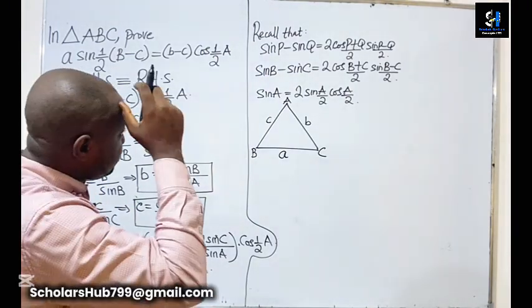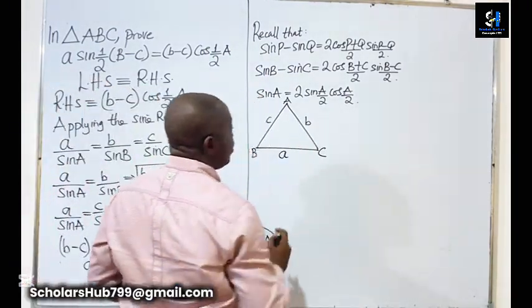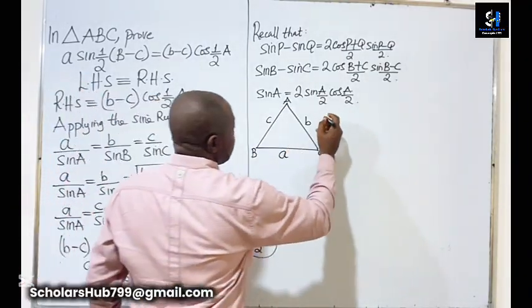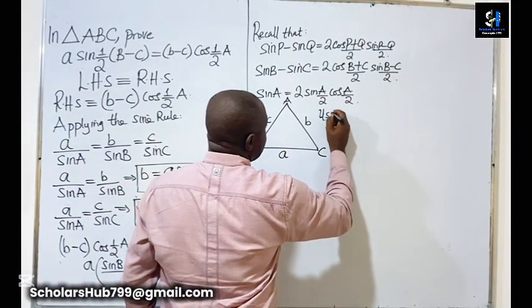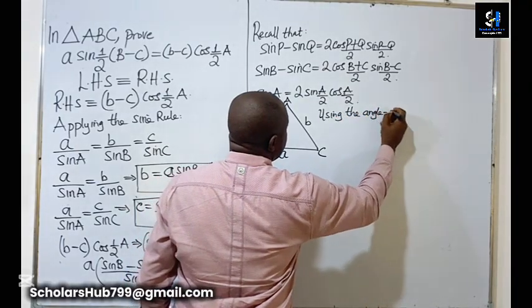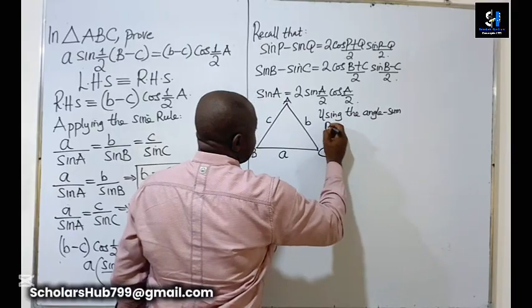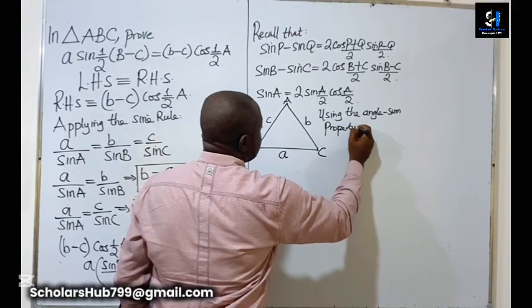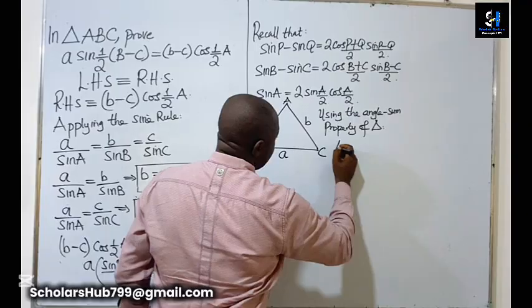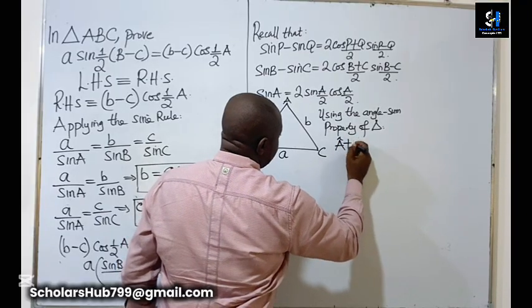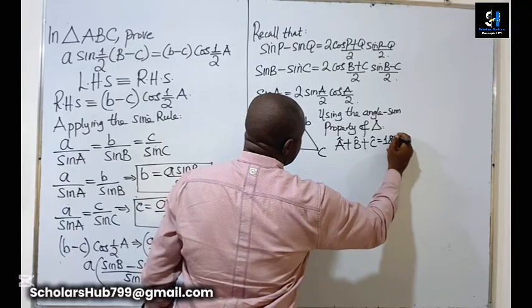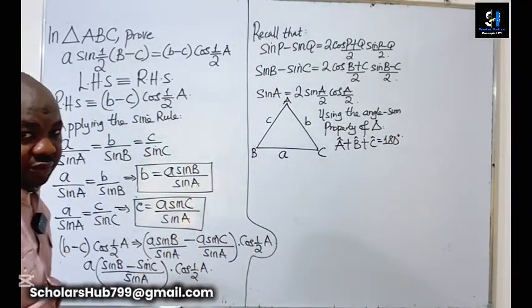All right, now we know that by using the angle sum property of a triangle, we have angle A plus angle B plus angle C equals 180 degrees.